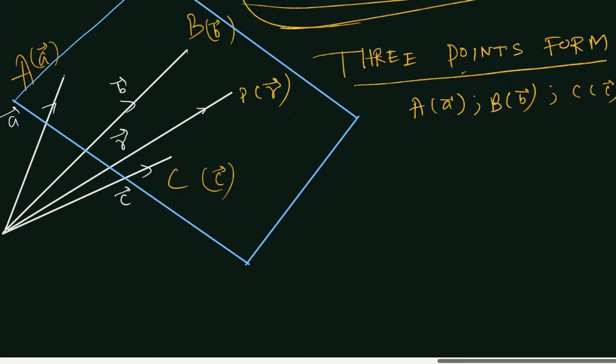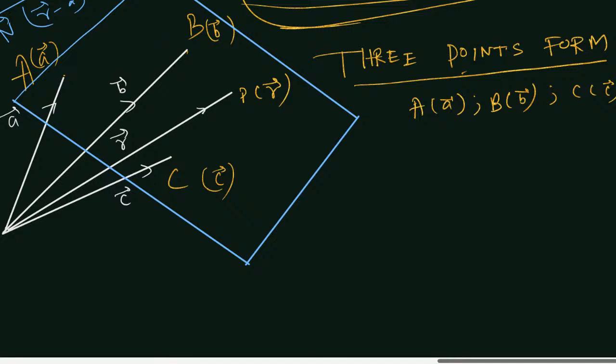What is the normal? n cap or n? If you write n cap, then it is R dot n cap equal to D. If you take n, then it is R minus A dot n equal to 0. Although one form can be changed to other form, n and n cap are the same thing.